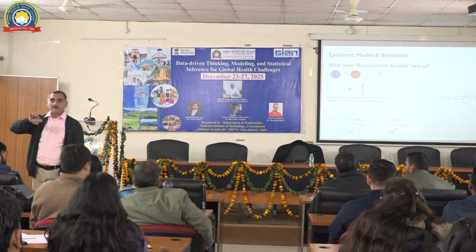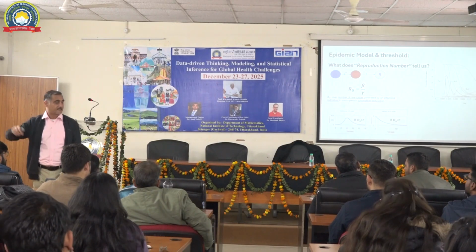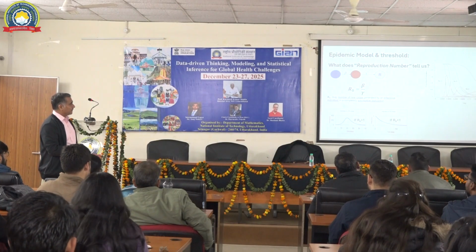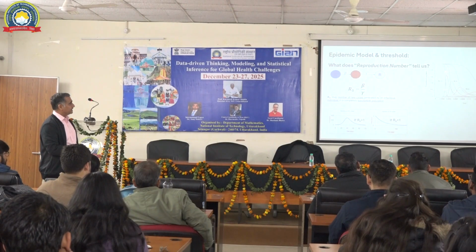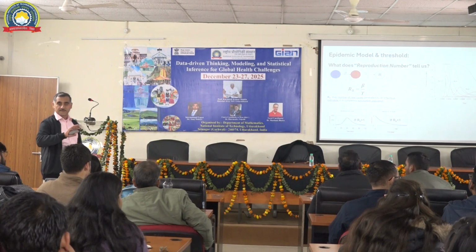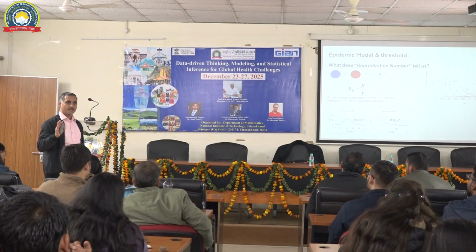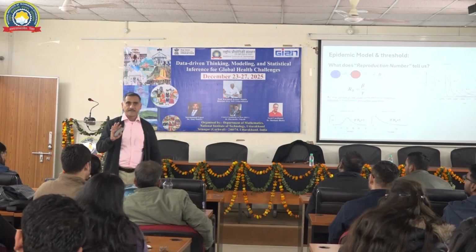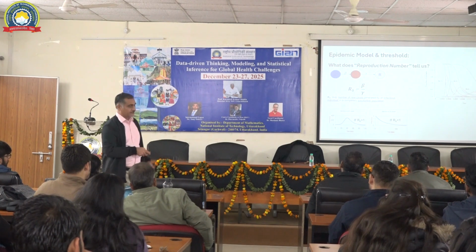So any number of resources can handle it, if your resources are within that boundary. But if your number of beds are around this level, then you will have more infected people, right? Does that make sense?